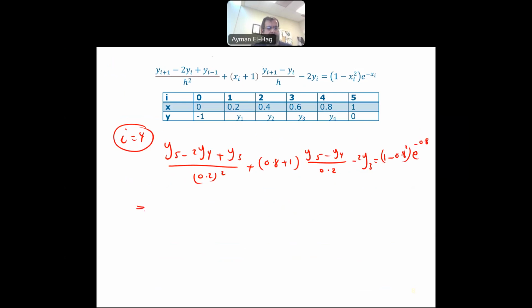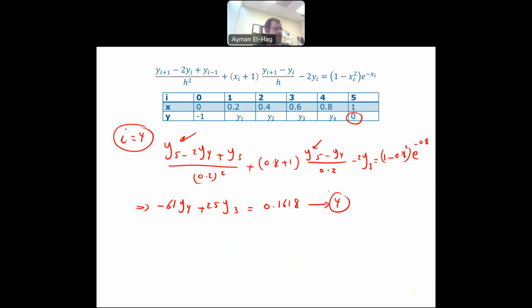Now let's simplify the equation: minus 61 y4 plus 25 y3 equal to 0.1618. As you know, y5 is a given value, it's a known value, and it's equal to 0. So now this is our fourth equation.